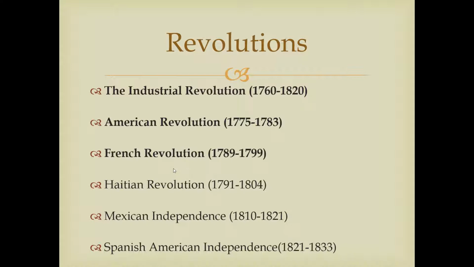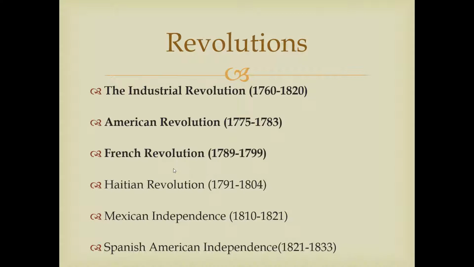So here today, we're going to be looking at the Industrial Revolution, the early Industrial Revolution, and then we're going to be looking at the American Revolution, the colonial American Revolution from 1775 to 1783, and then the French Revolution of 1789. And then after the French Revolution, we'll be talking about Napoleonic Europe.